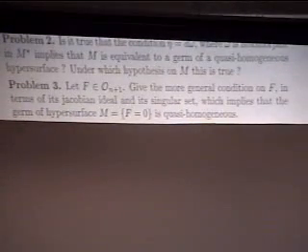But in dimension n equals 2 in C3, it's true. And problem 3: consider a germ of hypersurface in C^(n+1), and give the most general condition on F, in terms of its Jacobian ideal and its singular set, which implies that the germ of hypersurface is quasi-homogeneous.